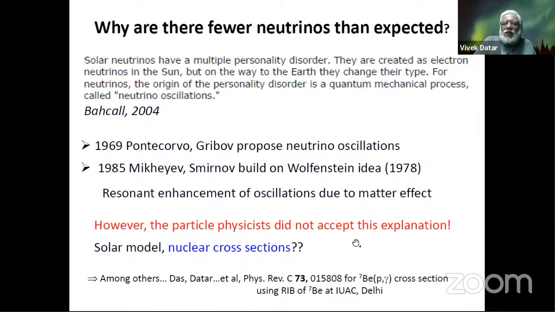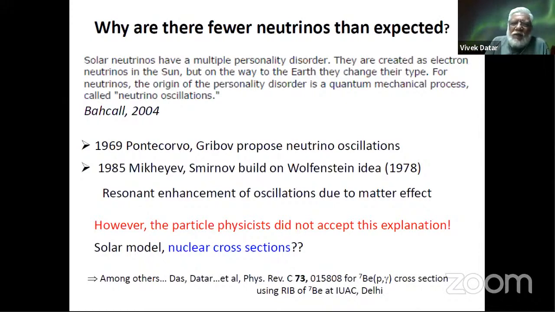So there could be two reasons why you don't see so many neutrinos. One is that you have the solar model and nuclear cross sections go into it. How do you know that these nuclear cross sections are what they are really? You have measured them, but perhaps there are errors in that, and if you play with these errors, perhaps you can produce this factor of 3 difference.